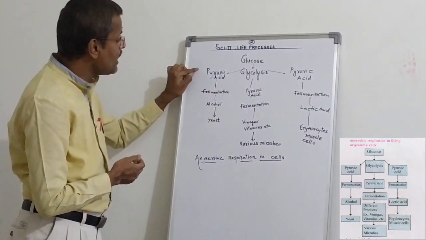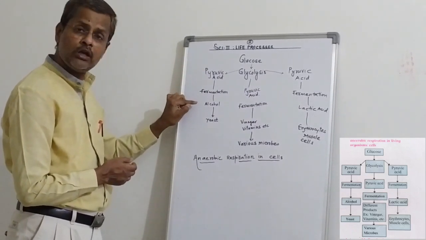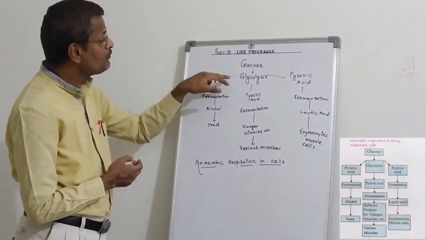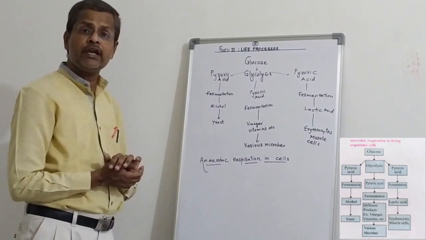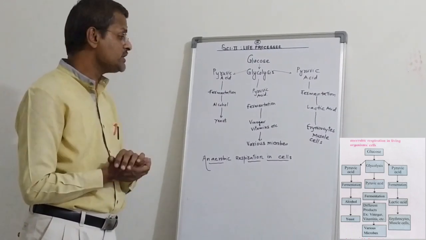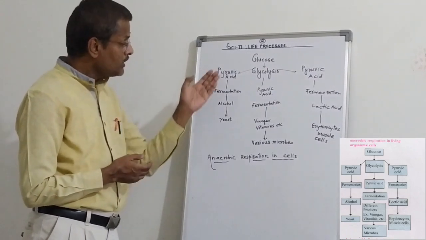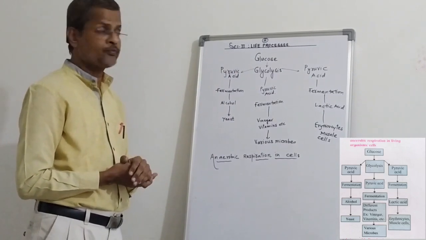In condition 1, pyruvic acid undergoes fermentation to produce alcohol and then yeast. In the second one, pyruvic acid undergoes fermentation to produce vinegar, that means acetic acid, and some vitamins, etc. Everything happens in various microbes.